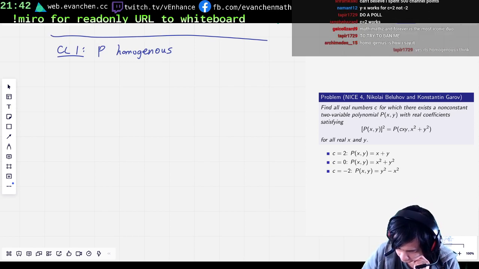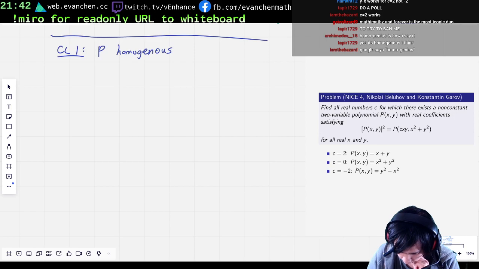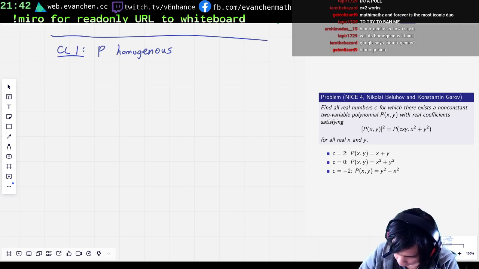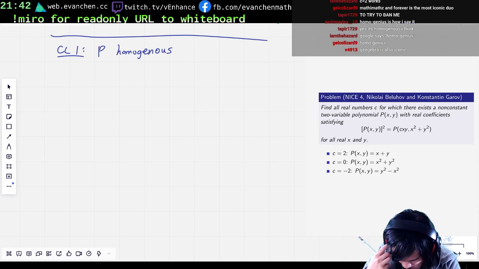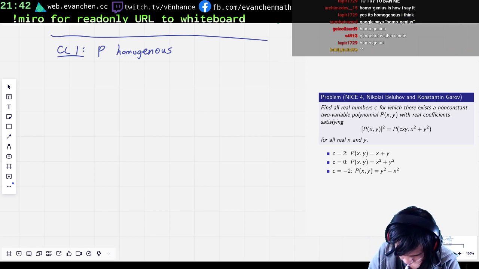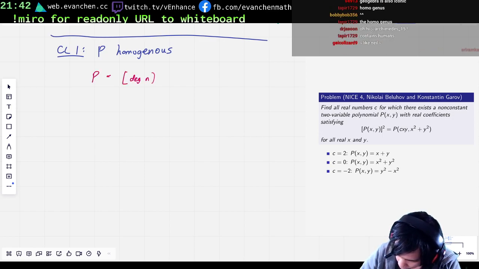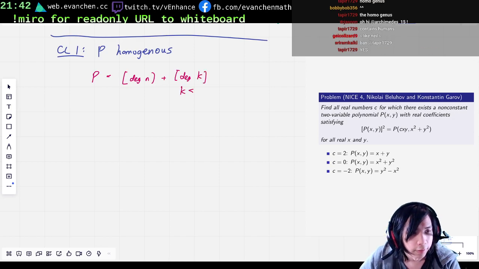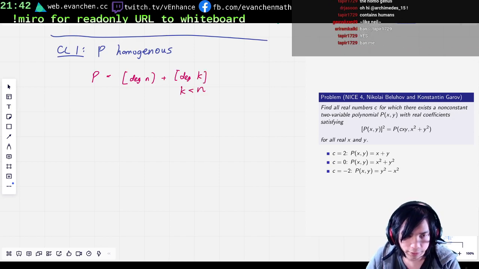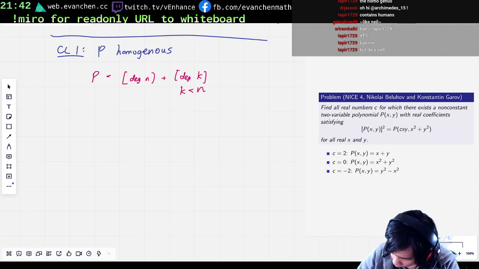And the reason is that if this is not the case, suppose P is a degree n thing, plus a degree k thing where k is less than n. So what happens when I expand? Let this be the second highest degree.